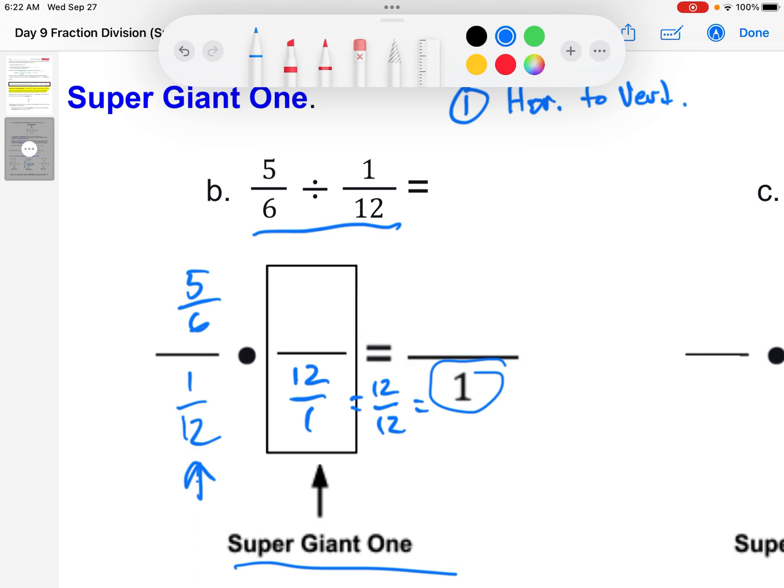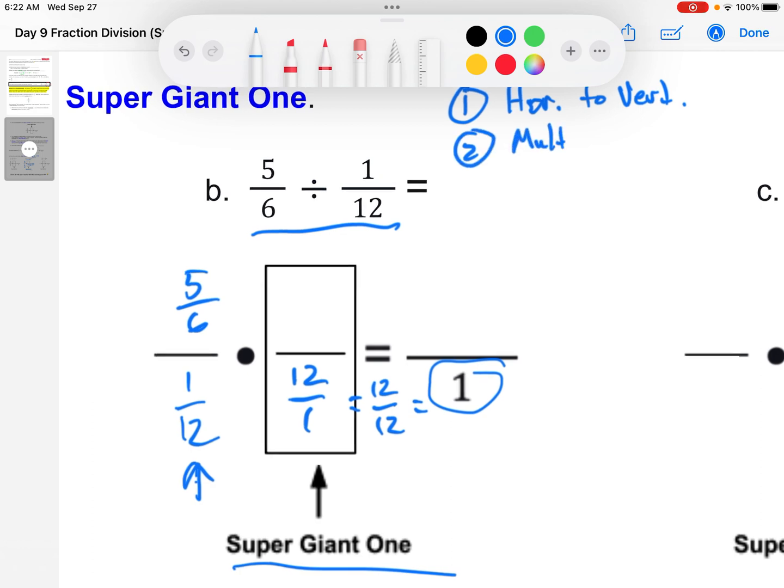So step 2 was multiply by the reciprocal. Okay, multiply by the reciprocal. So the next step is sometimes the most difficult step. It's this supergiant 1. A lot of students think that we need to put in, I'm going to put it in red just because it's wrong, 6/5.